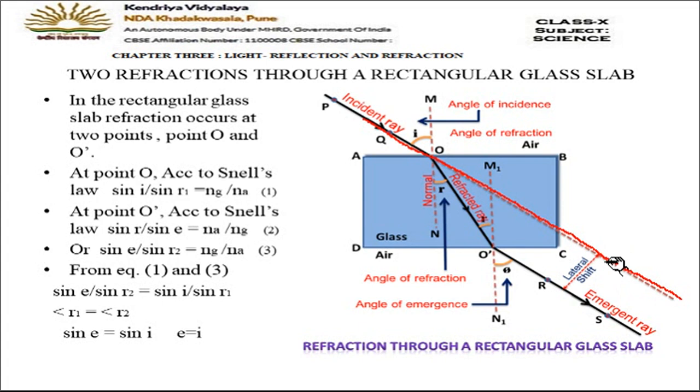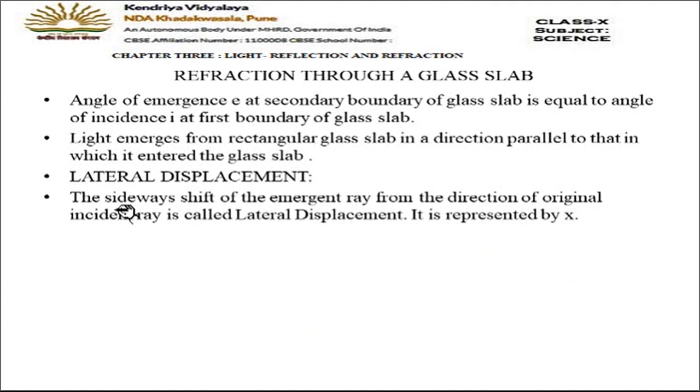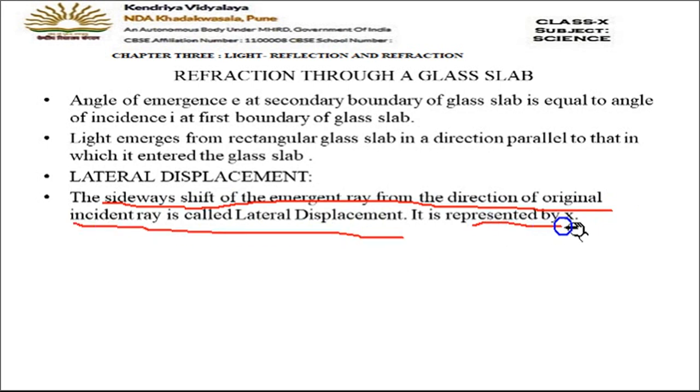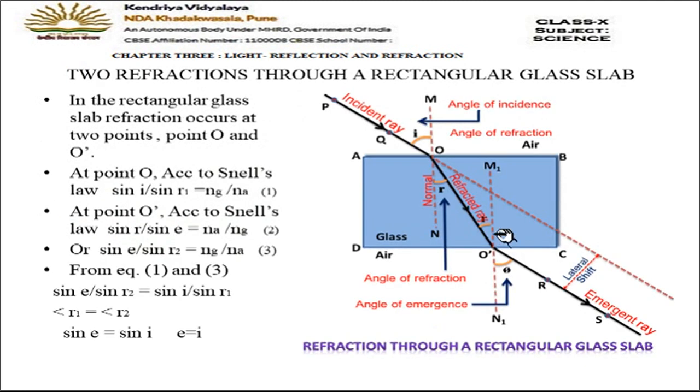Or you can say the distance between these two is also the lateral displacement. Fine. So this is the lateral displacement. The sideways shift of the emergent ray from the direction of the original incident ray is called the lateral displacement, and it is represented by the letter small x. Fine, this is lateral displacement. So in the exam, this diagram comes to draw along with its explanation.